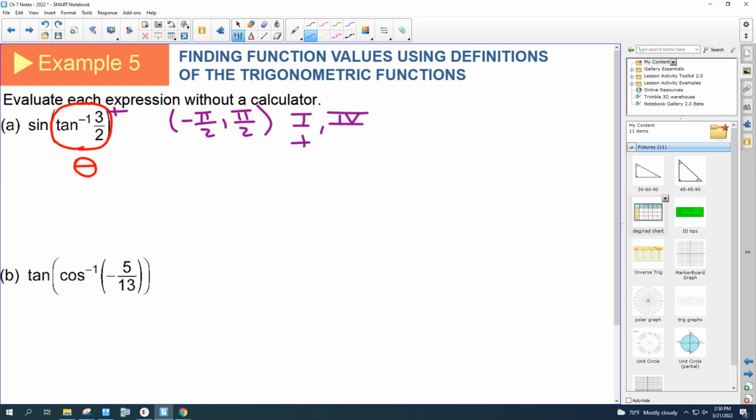I know my angle is in quadrant 1, so I'm going to draw a picture in quadrant 1. We've got some angle theta in quadrant 1, but what we really care about is this triangle formed.